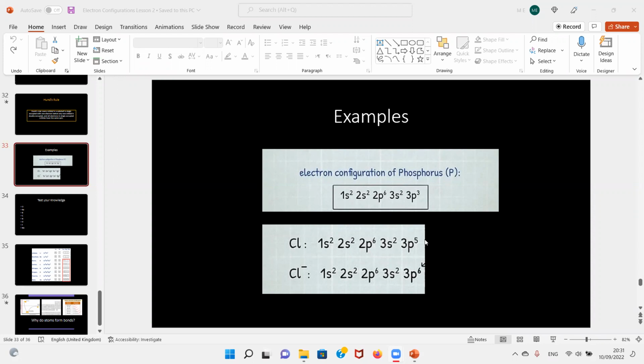So where will this electron go? You have to add it to the empty place in the shell here. So the electronic configuration of Cl minus will be 1s2, 2s2, 2p6, 3s2, 3p6, not 5.